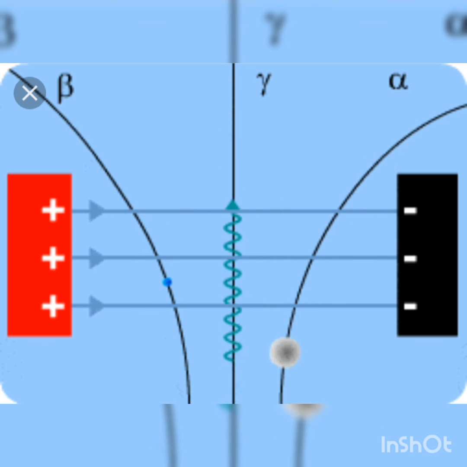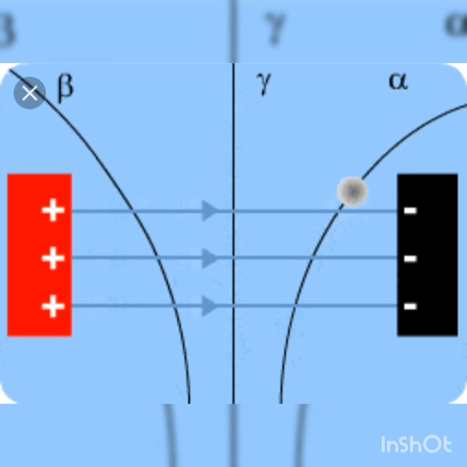Gamma radiations move undeflected and are not attracted to either terminal. Thus, alpha particles are positively charged, beta particles are negatively charged and gamma radiations are uncharged.